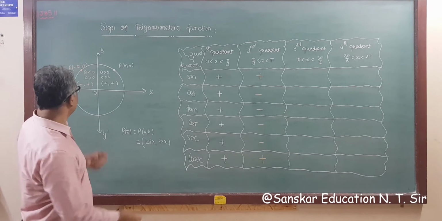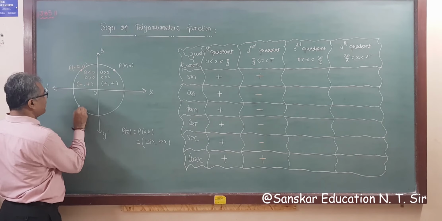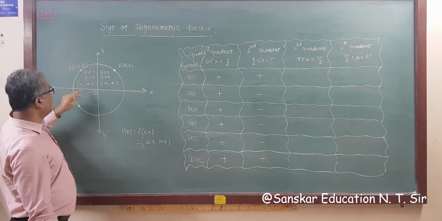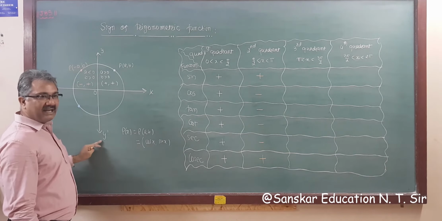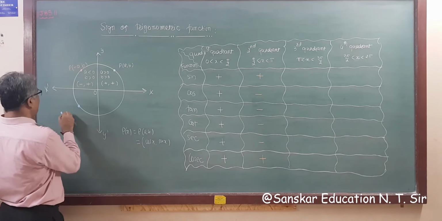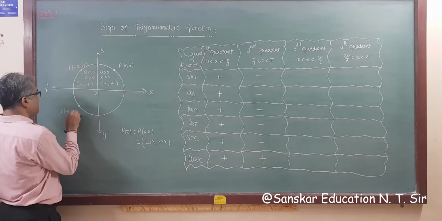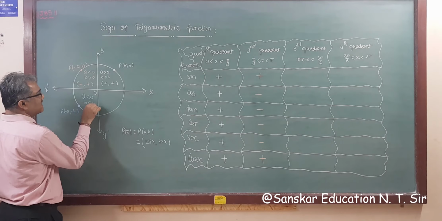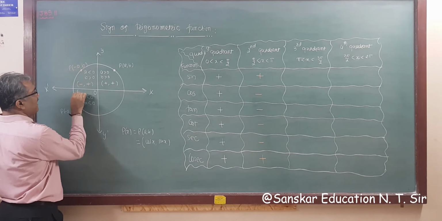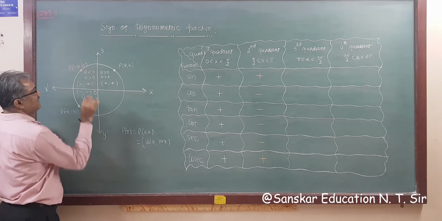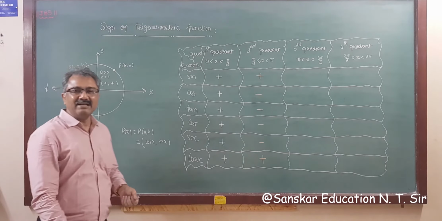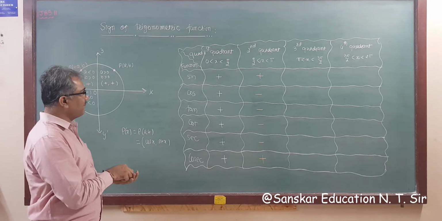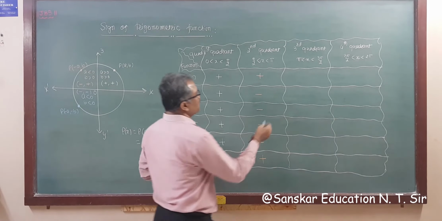Now suppose we consider the P point here in the third quadrant. Then you know x is negative, y is negative, so this point is P(minus a, minus b), that is a is less than 0 as well as b is less than 0. Minus and minus means cos negative, sine negative, so both negative.